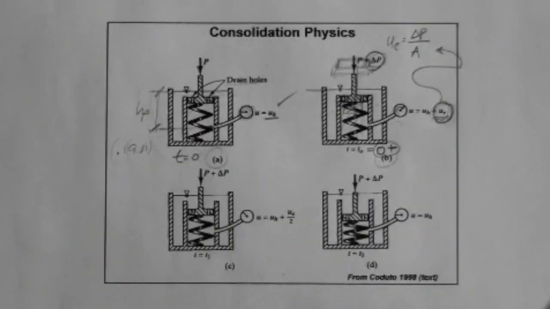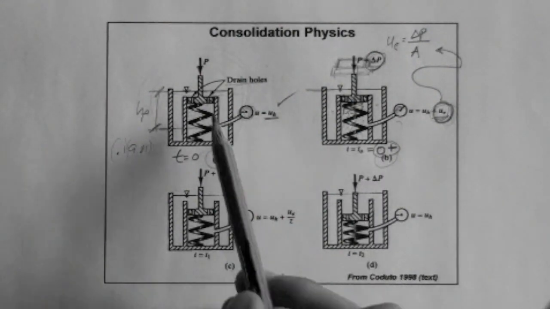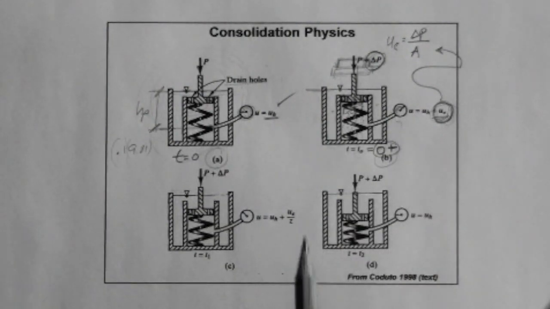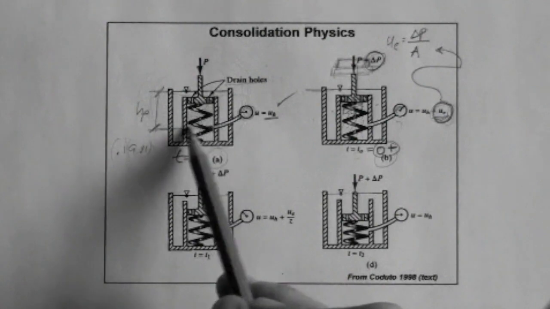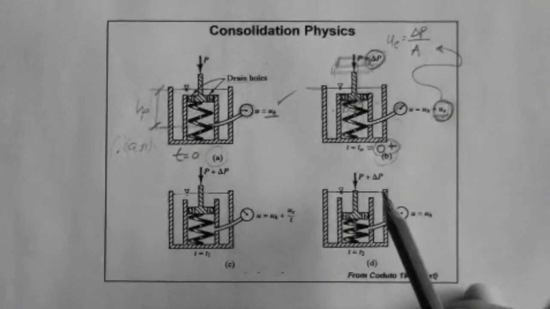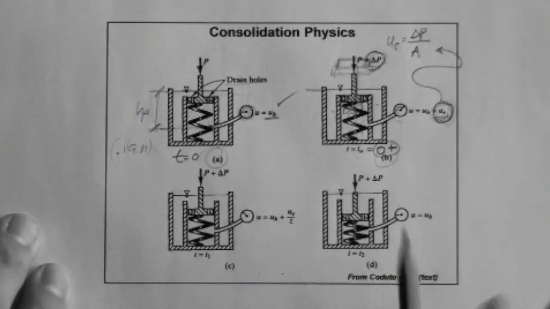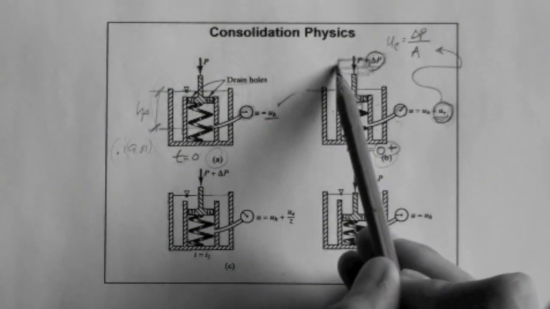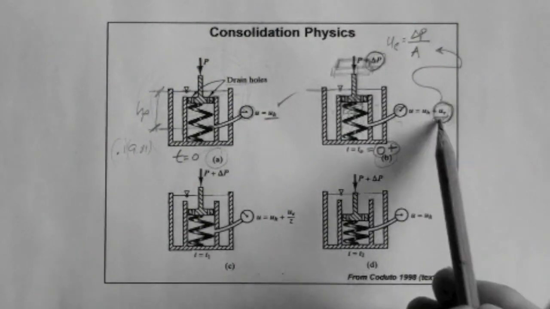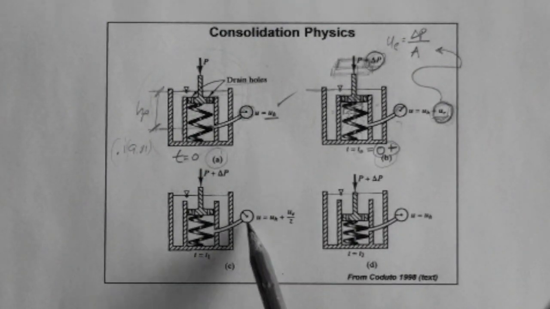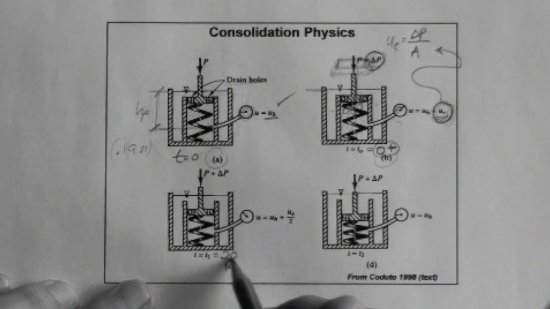Okay. So here in this slide, the spring corresponds to the fabric. It's mimicking or simulating the fabric, and the water is simulating the water in the soil, in the voids. Okay, now after some time, that is, let's say 20 seconds after you place this disc and register this UE, you look at the gauge. Okay, so this is time equal to, let's say, 20 seconds.